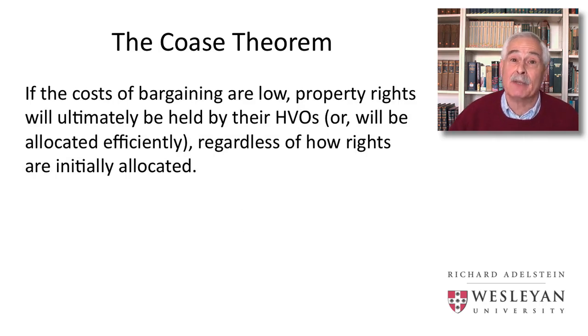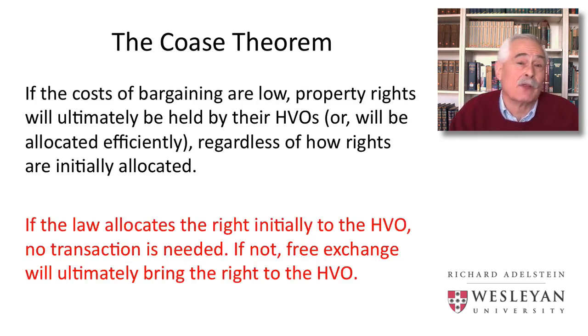And this will happen, as we've seen, regardless of how the property rights are initially allocated. If the law allocates the property right initially to the higher valuing owner, then no transaction is needed to achieve an efficient allocation of property rights. The judge has already allocated property rights efficiently by giving the property right initially to the higher valuing owner.